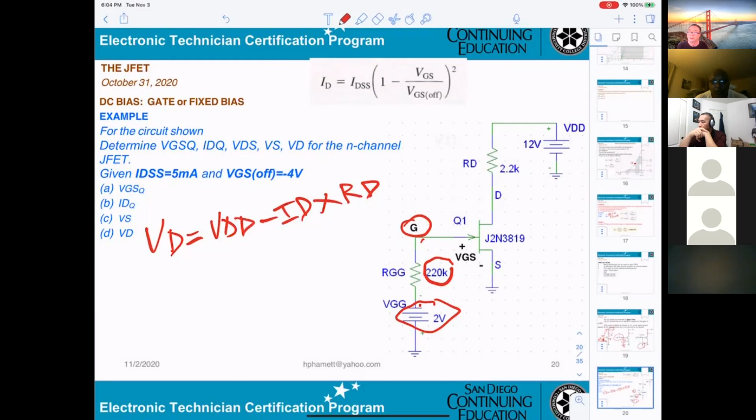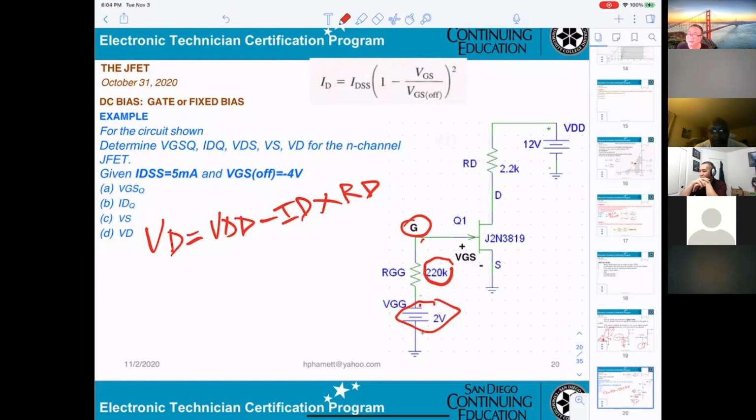Negative 4.75. How come you get negative? It's got to be positive. Oh, I'm sorry. 9.75. What did you get? It's 9.25 volt. 9.25 volt? What's the value? Sam gave you a thumbs up, so it's 9.25.